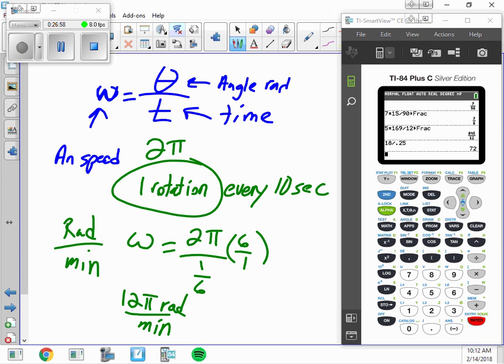So that light in 1 minute is going to complete 2 pi's, 4 pi's, 6, 8, 10, 12 pi's in 1 minute. That's how fast the angle is changing. The angle goes through 12 pi radians every minute.